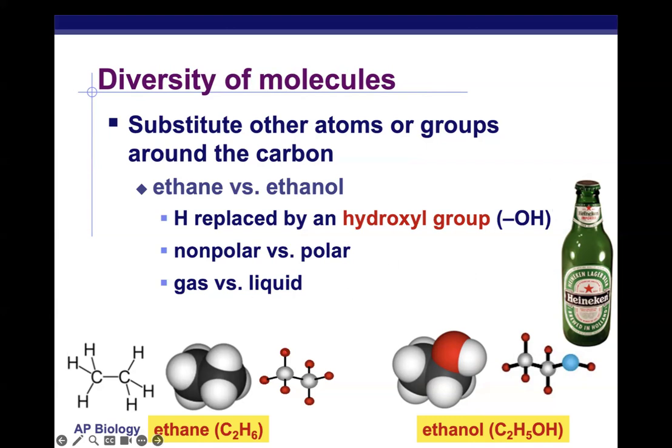Ethanol is polar, ethane is nonpolar; ethane is a gas, ethanol is a liquid, all by introducing this one oxygen, having this hydroxyl group. So we can create a wide diversity of different substances with different properties just based on changing around a few atoms or functional groups.